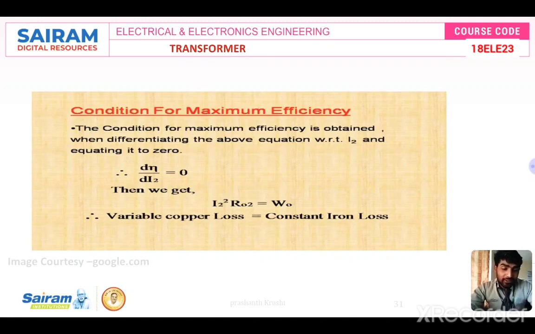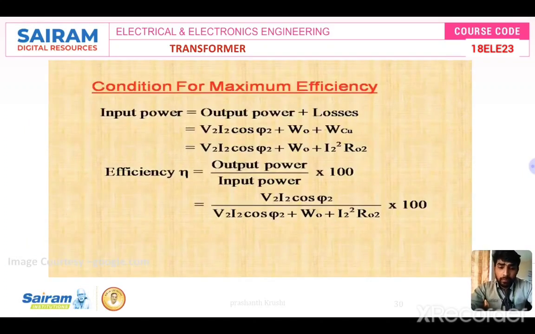If it is in terms of input, we have to take I1. If it is in terms of output, I2, that is d eta by dI2, because I2 is a variable, that's why I have differentiated.